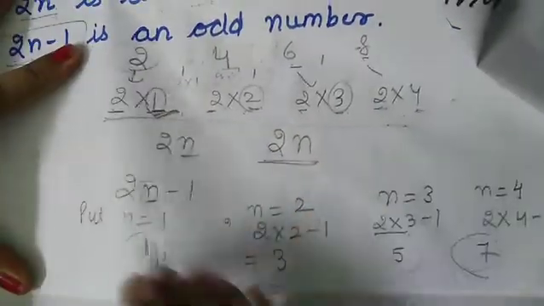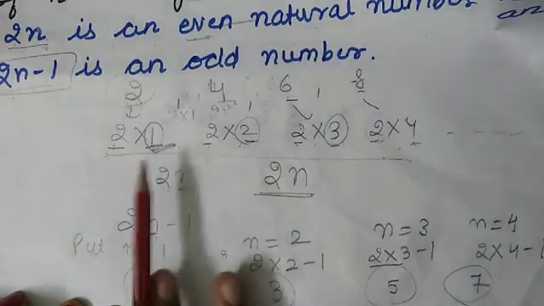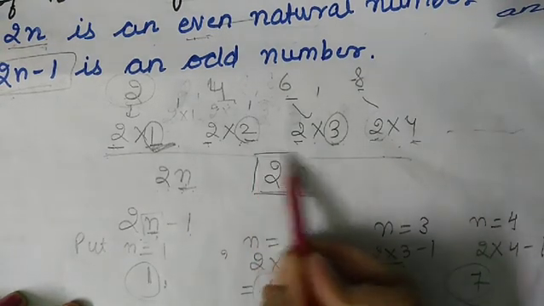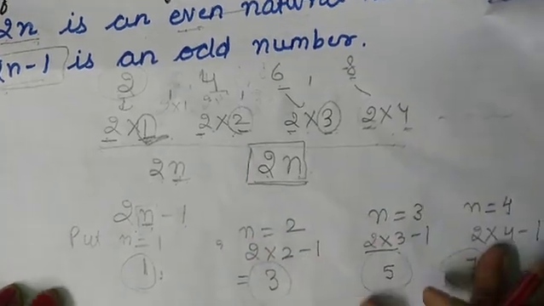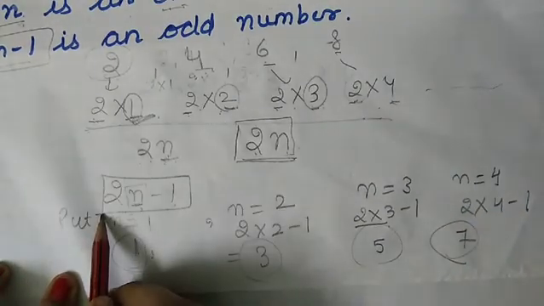Okay, 2n minus 1. So what we have learned from this result is that the general form of an even number can be written as 2n, and the general form of an odd number can be written as 2n minus 1.